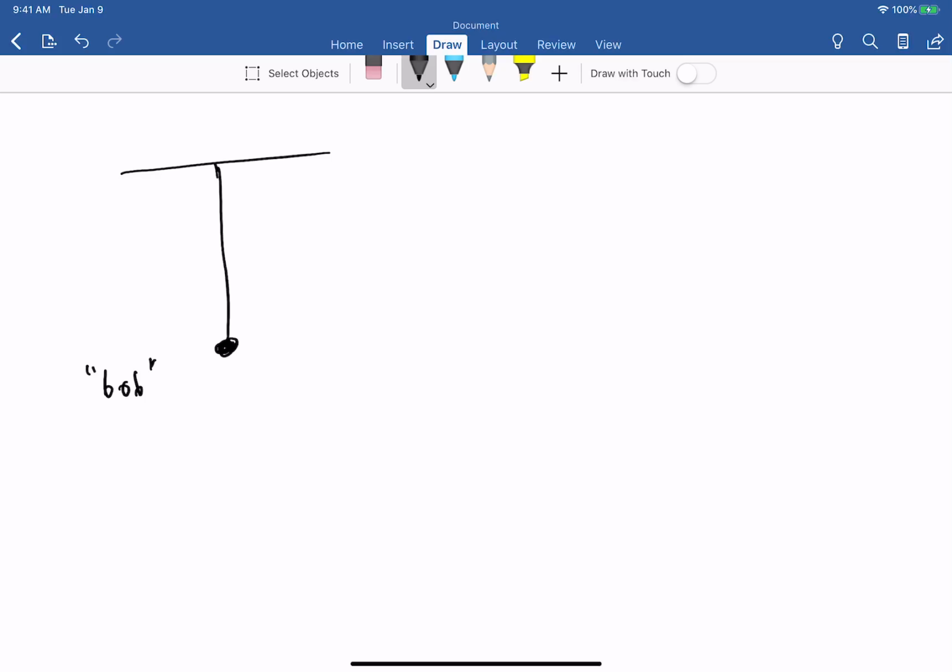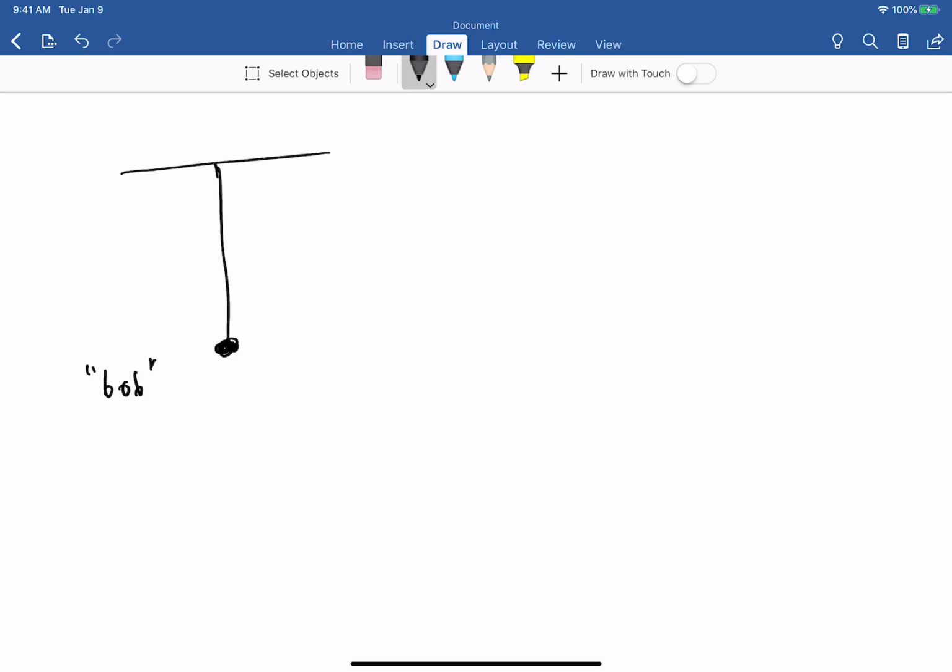So we've just taken away everything that might be a complication. We've made the string massless and the bob a point mass with no spatial extent. That's called a simple pendulum, and we'll often talk about simple pendulums in this course.